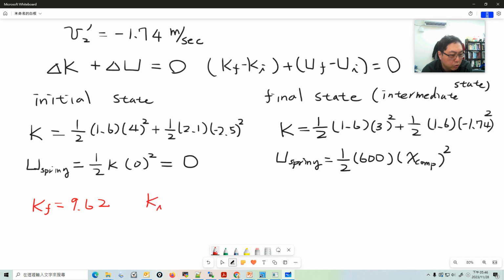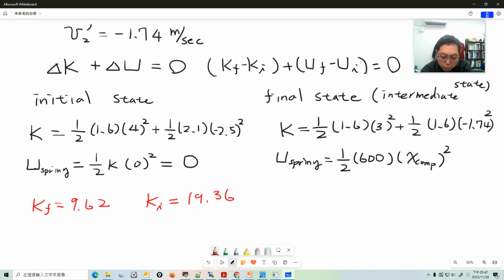And your initial kinetic energy is 0.8 times 16 plus 0.4 times 1.1 times 6.25, so 19.36.